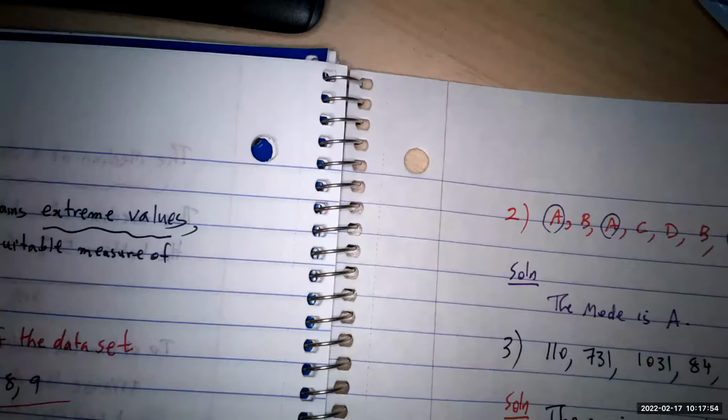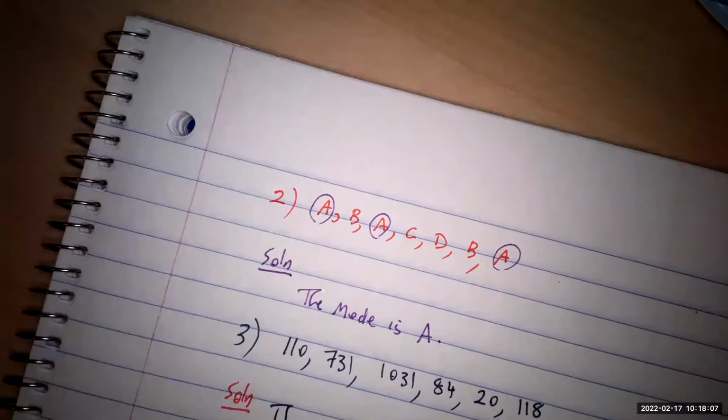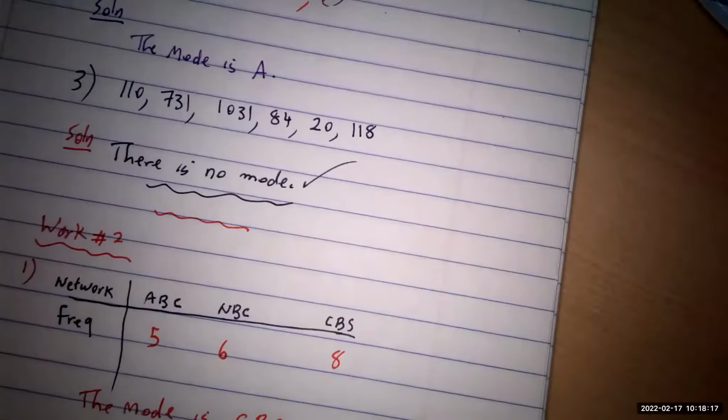Useful sometimes if you want to compare. Let's say this is what we did the other day. We end up with this last example about this network. Sometimes if you want to compare different sets of data, some people will say, I'm going to compare their mean, their median, or the mode.